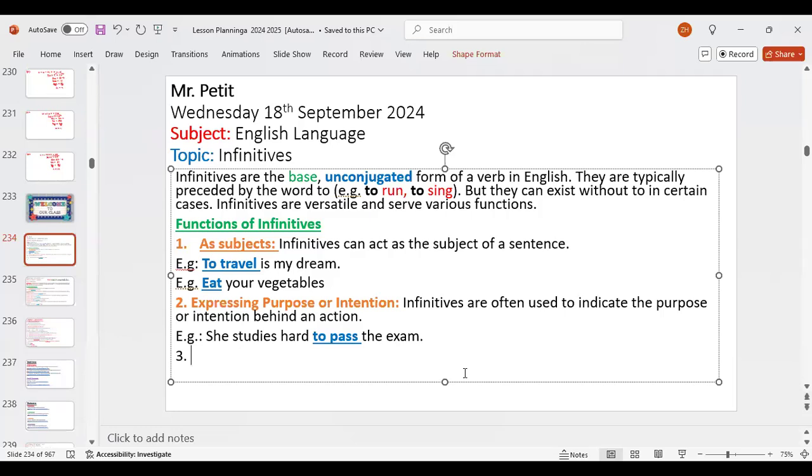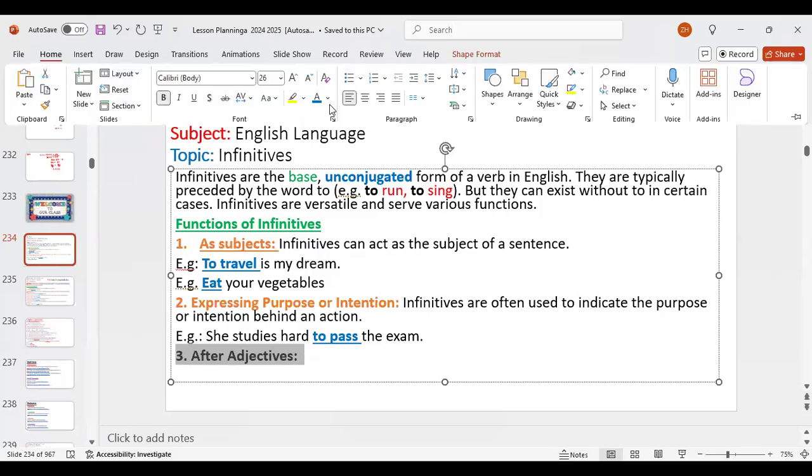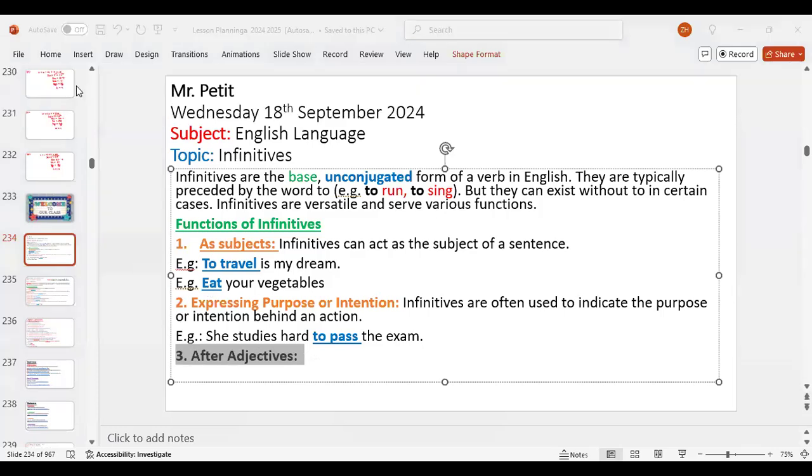All right. So next up, we also use infinitives after adjectives. So use them after adjectives.